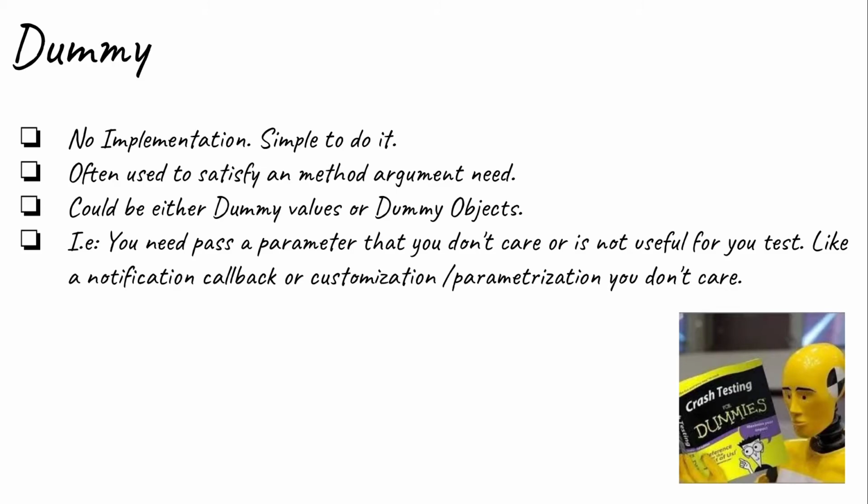And you need to pass a parameter that you don't care about or is not useful for your test, or is like a notification callback or customization, parameterization you don't need, and then you can use a dummy. So it's a good way to speed up some of your tests, and because they don't have dependencies, they're likely to be breaking much less than your mocks.